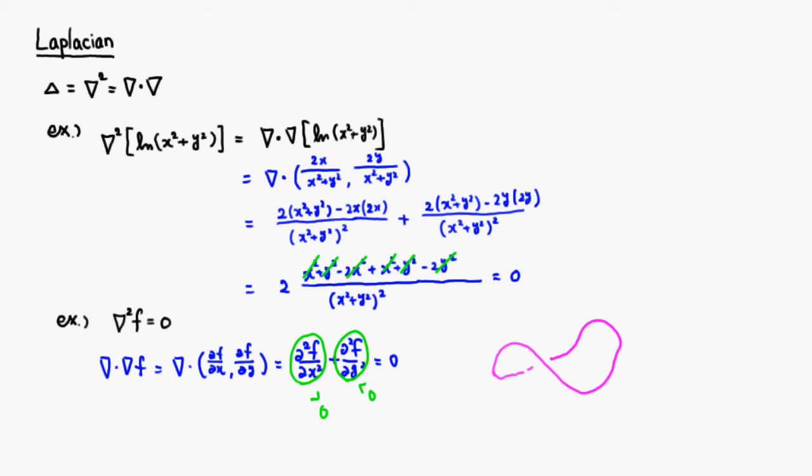For example, if you think of a surface that goes like a cone, you can see that this is not an ideal shape for a soap film, because we can push it down to make it more flat.